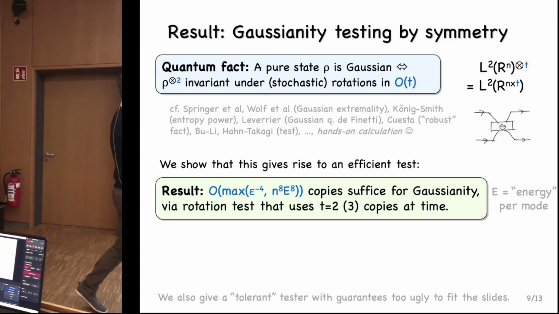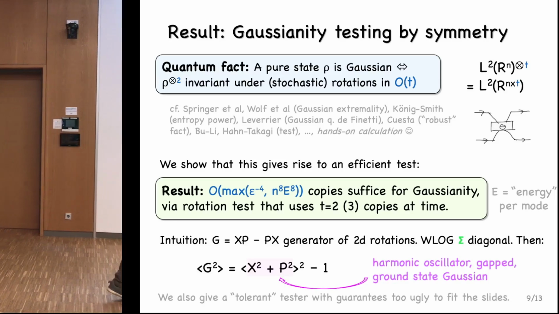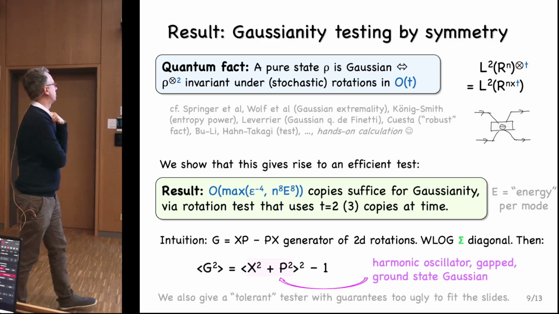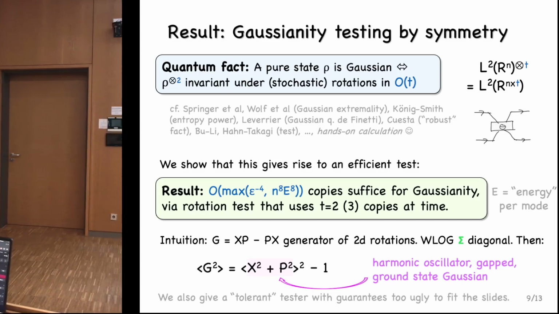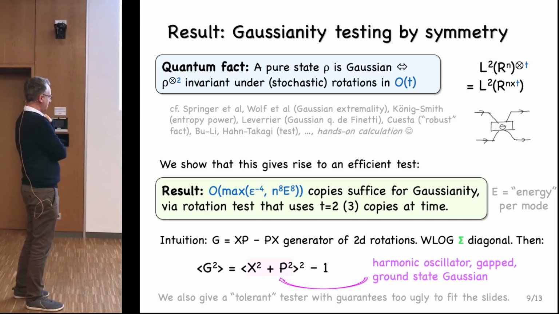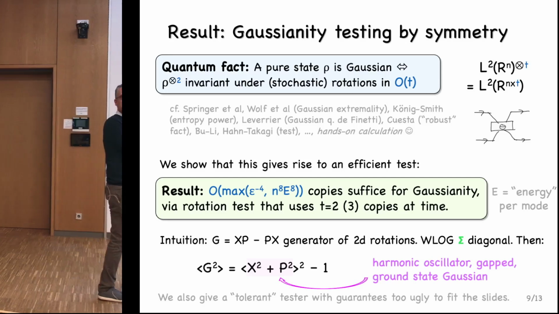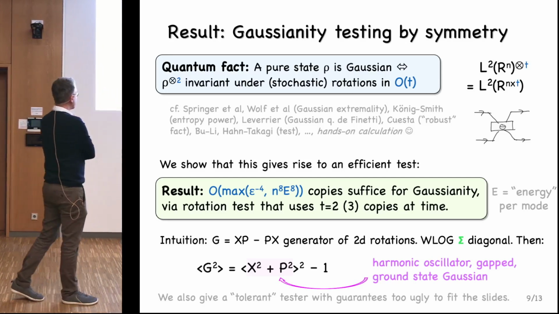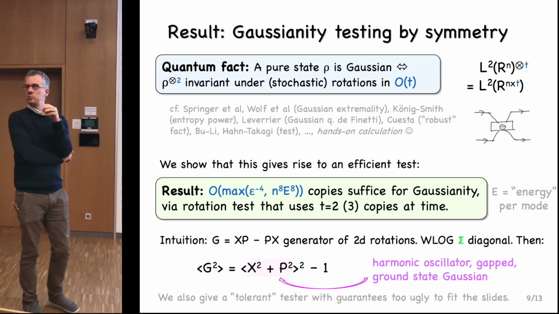I want to give you maybe some intuition why the result should be true, but it's very sketchy, but maybe it's still interesting. So the intuition is as follows: if you're rotation invariant, then it means that you're in the kernel of the generator of the rotation action, right? And if you write down the generator, it looks something like x tensor p minus p tensor x.